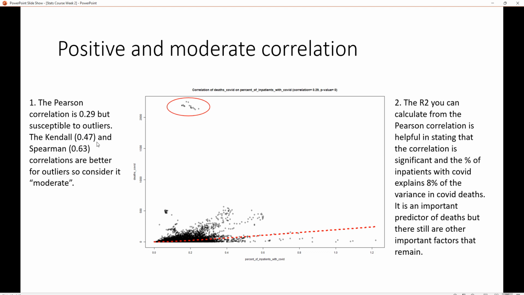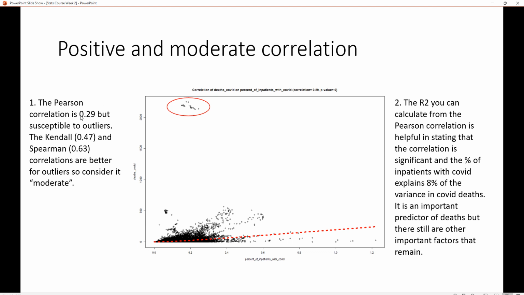So we look at the Kendall and Spearman correlations. Those are both moderate values at 0.47 and 0.63. So taking into consideration the three values, we'd probably want to consider this a moderate correlation.